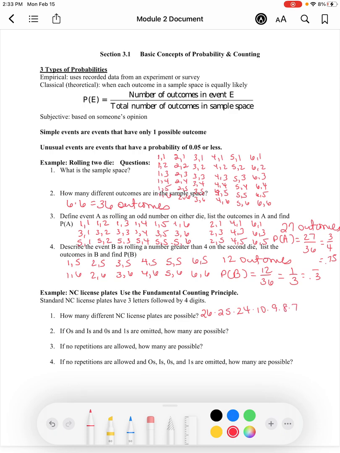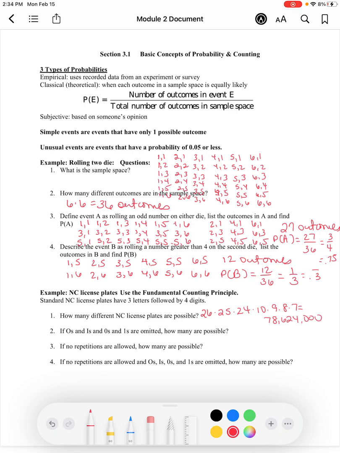So if we do 26 times 25 times 24 times 10 times 9 times 8 times 7, we get 78,624,000.